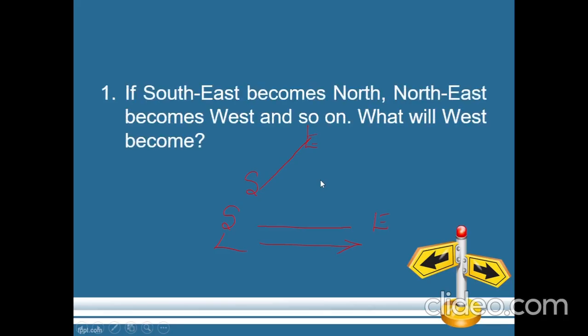Your first problem is: southeast becomes north, northeast becomes west, and so on. What will the west become? So we have to apply this in a logical way. For example, we have to draw the directions first. This is north, this is south, this is east, and this is west.